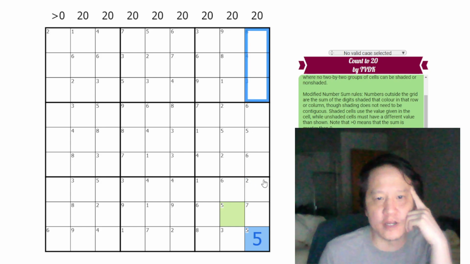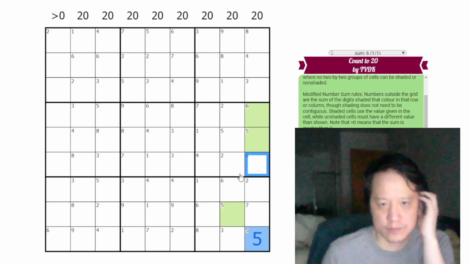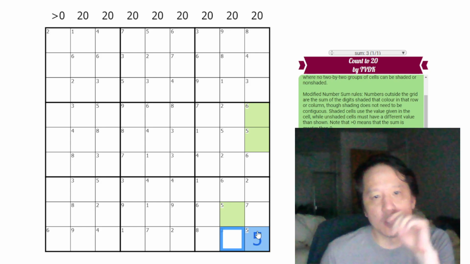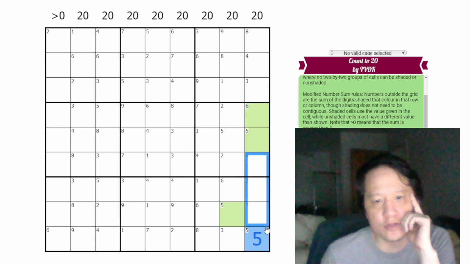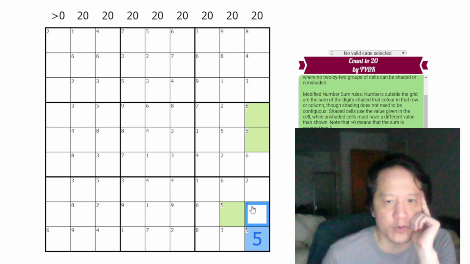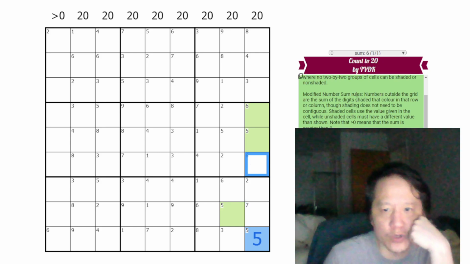So we know these are both unshaded. Interesting. So this could be 7 and 8, or it could be 843, or it could be 726. We don't know which.